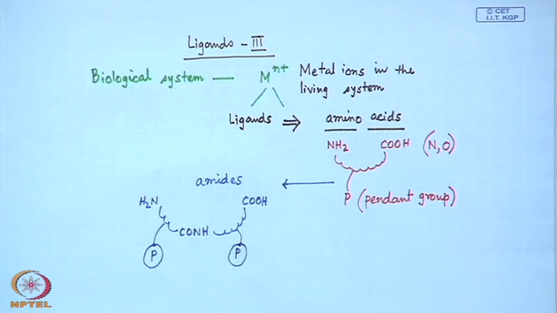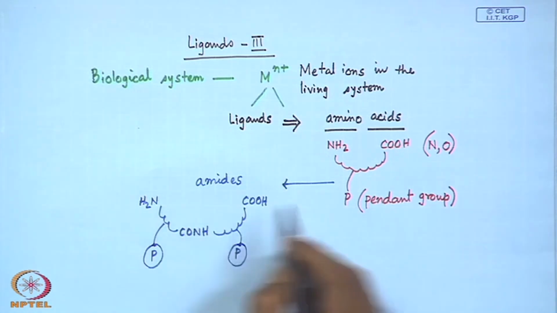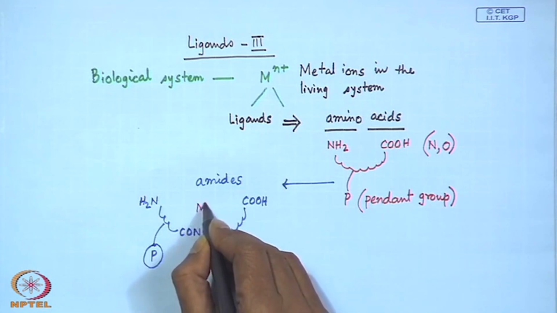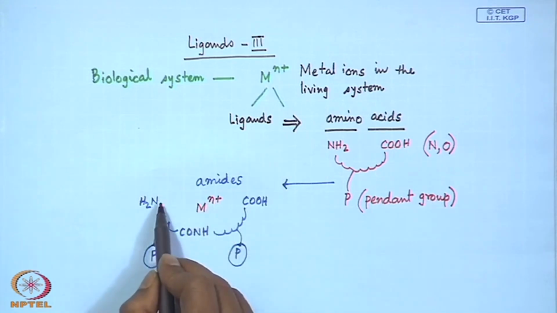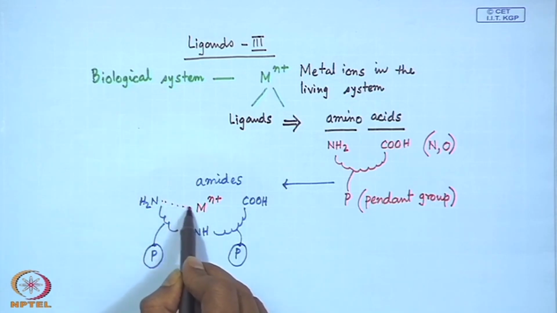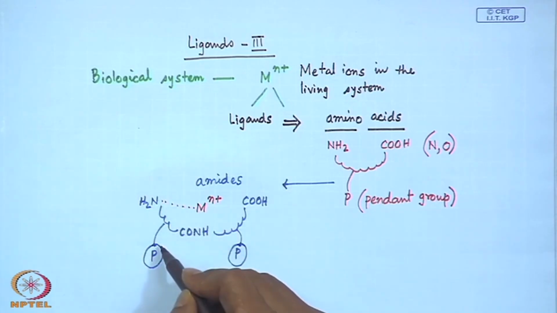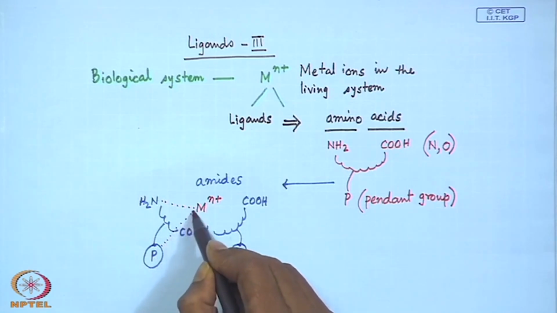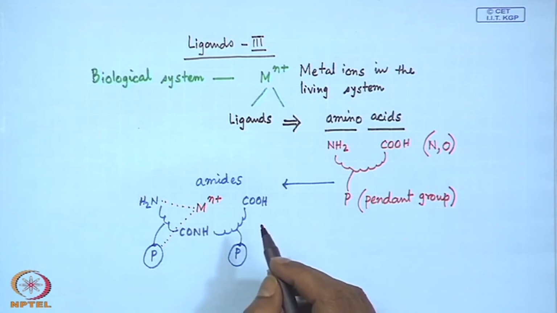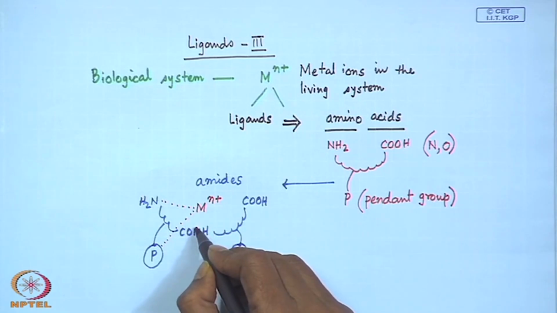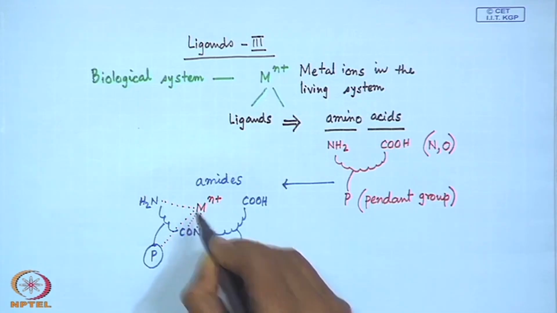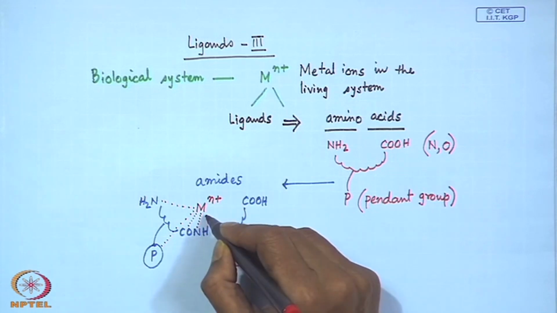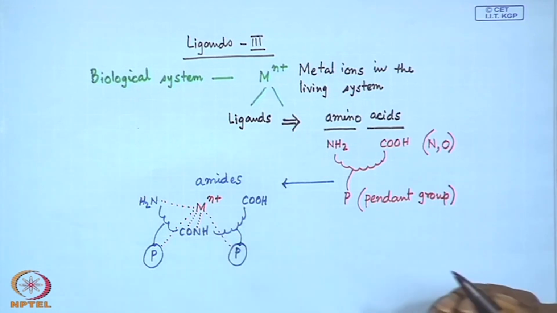So, we will find that if this particular system can have some interaction with the metal ion, then this NH2 group can start interacting. This pendant group with some nitrogen heterocycle or the carboxy end can also give some interaction with the metal center. The NH function of the amide group as well as the oxygen function of the amide group can also show some interactions.